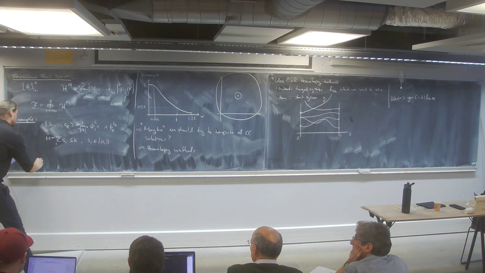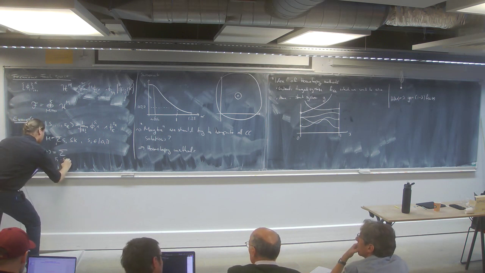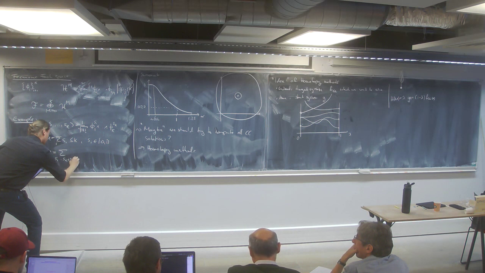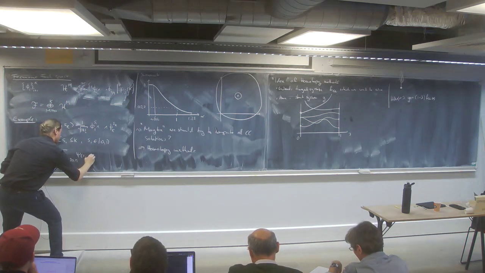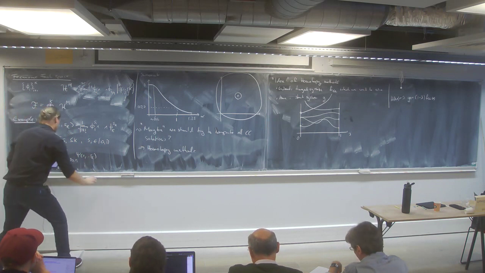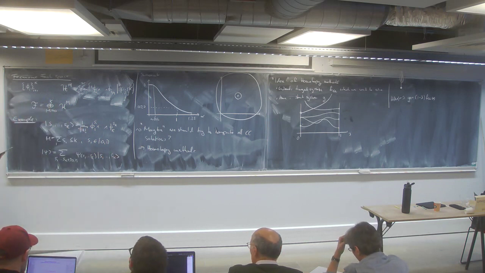And then a general element in my Fock space looks like psi equal to the sum of coefficients times these Slater determinants.